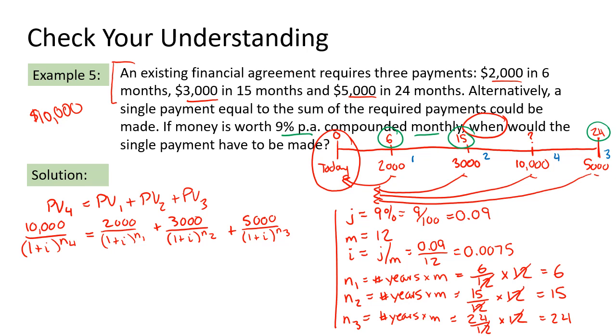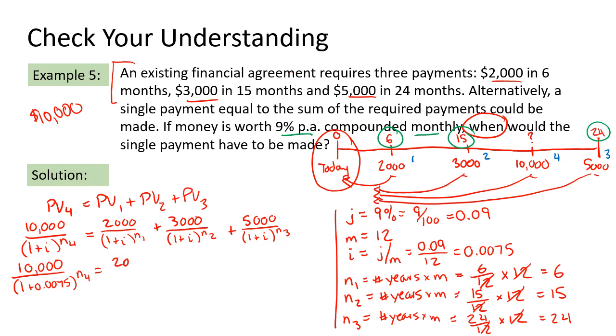So we can substitute all of these values into this equation. So we have 10,000 divided by 1 plus 0.0075, the exponent n4. We don't know that value, right? That's what we're trying to find.